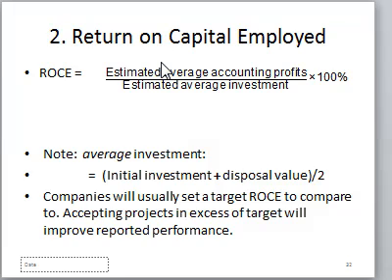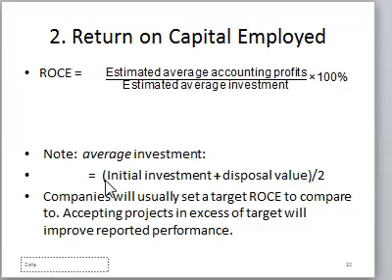So another technique which is still under non-discounted cash flow techniques is the return on capital employed. Sometimes we call it accounting rate of return. So to get the return on capital employed, we get the estimated average accounting profit divided by estimated average investment, then we multiply by 100.